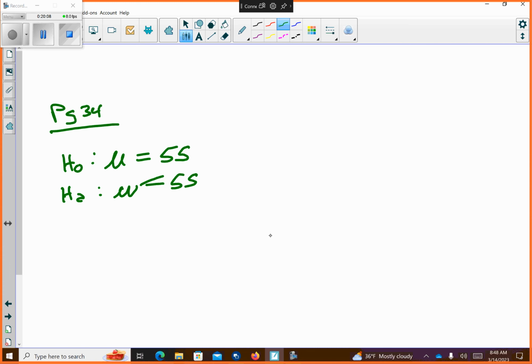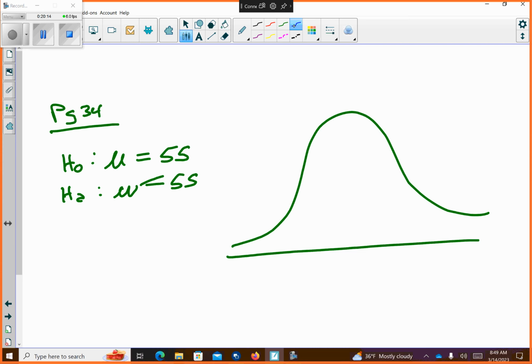So do you guys have a sampling distribution there, or do you have a big blank on your page? Okay. I just know that some of these pages have kind of gotten messed up. So we have a mean of 55 and a standard deviation of 0.8.